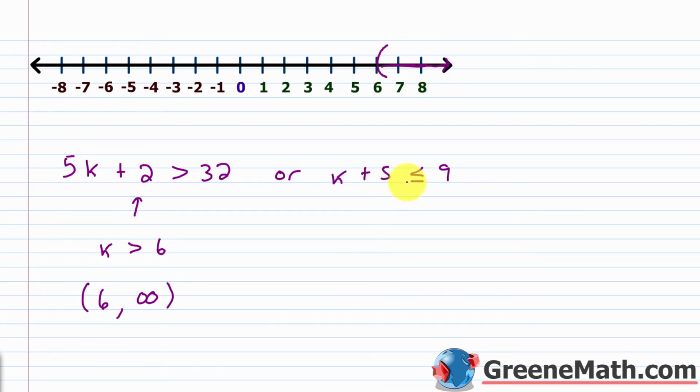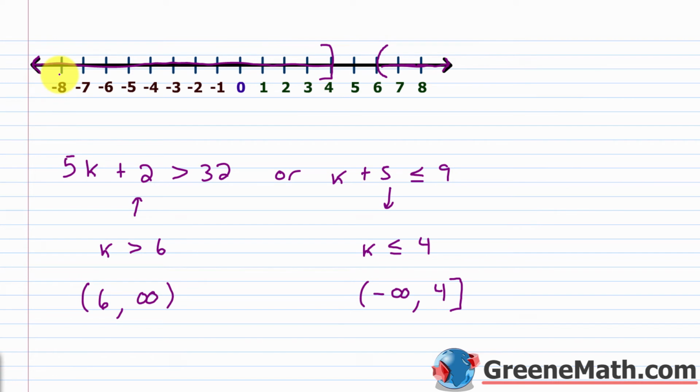Then for k plus 5 is less than or equal to 9, we found that k was less than or equal to 4. So in interval notation, I'd have negative infinity, comma, 4, with a bracket next to 4 and a parenthesis next to negative infinity. So I'd find 4, I'd put a bracket facing to the left, because anything less than, and I'd shade all of this to the left.